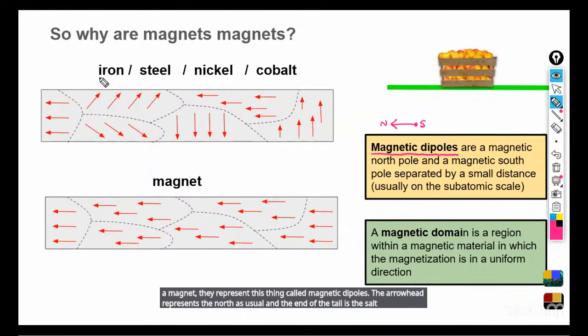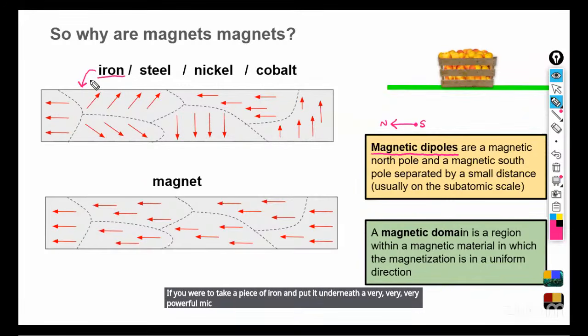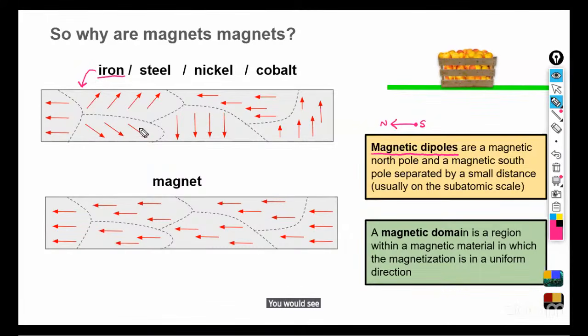Now, here's the amazing thing. If you were to take a piece of iron and put it underneath a very powerful microscope, let's say the most powerful microscope in the world, you would see technically that the iron is made up of a whole set of magnetic dipoles.